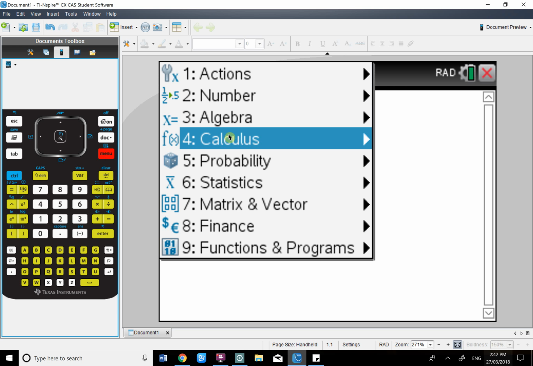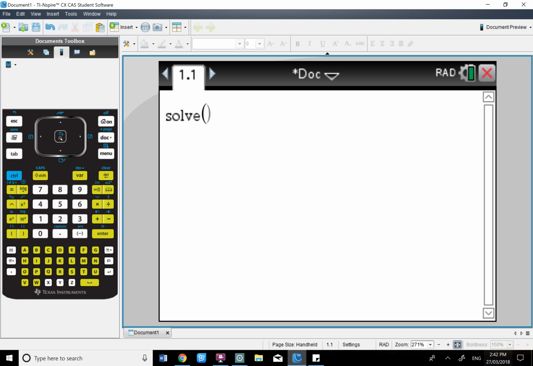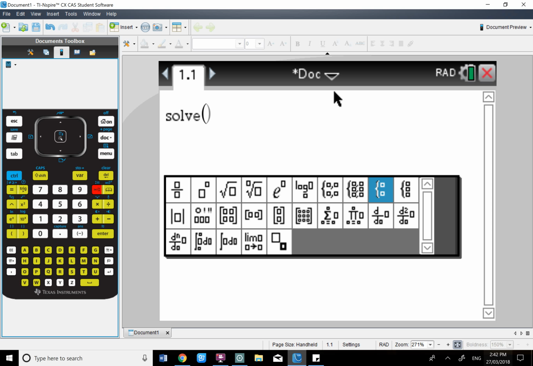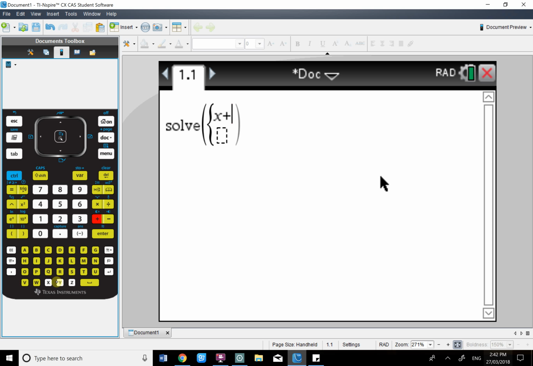Menu 3 and 1 is algebra and solve. We call the solve function. What I'm trying to solve is a simultaneous equation, two equations. So I press the button next to 9, and there's a 2 and a 3. We select the two simultaneous equations. What I have is x plus y equals 350.